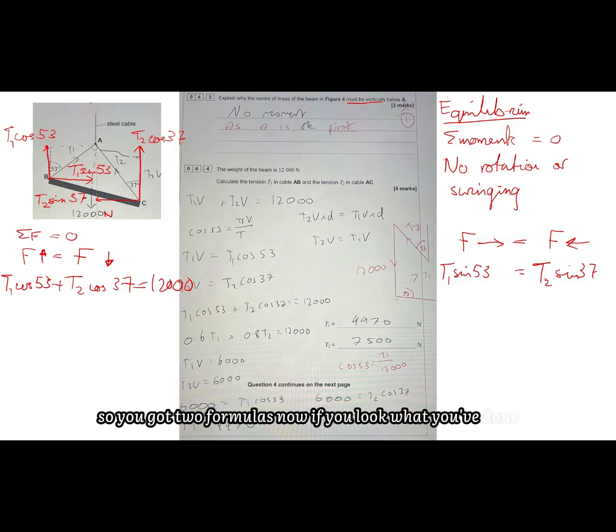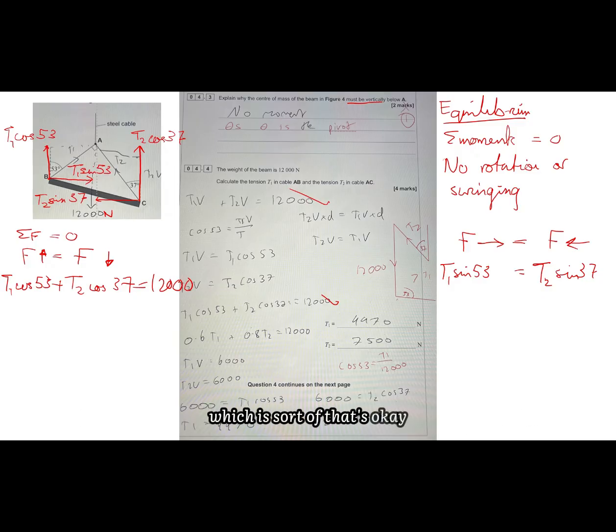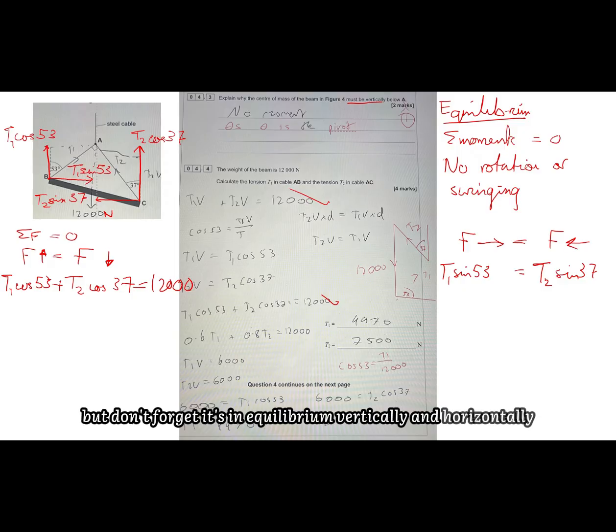If you look at what you've done, you got the first bit correct, T1 cos 53 and T2 cos 37, and then you worked out the cosines and got stuck, which is okay. You've only looked vertically, but don't forget it's in equilibrium vertically and horizontally. Let me just check cos 53.